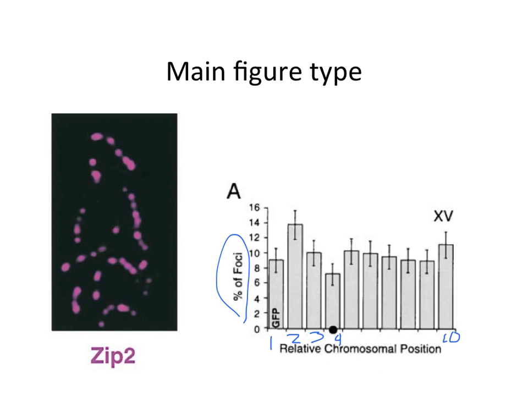So on average, 9% of ZIP2 containing synapsis initiation complexes are in the first tenth, 14% are in the second tenth of the chromosome, and so on. That's what you're going to be looking at next week, a lot. And we're going to find out, do these proteins exhibit interference? Are they evenly distributed along the chromosome? This makes it look like they kind of are. You're almost equally likely to see one of these protein complexes in any part of the chromosome. Do they exhibit interference, and do they have anything to do with where recombination happens?